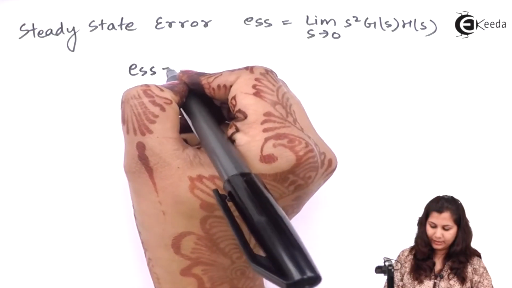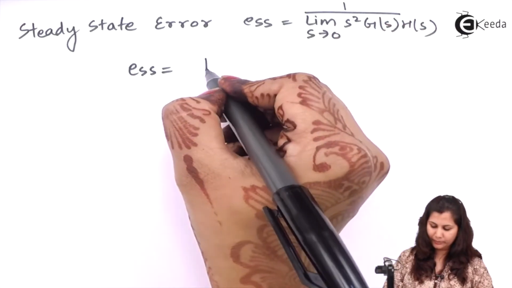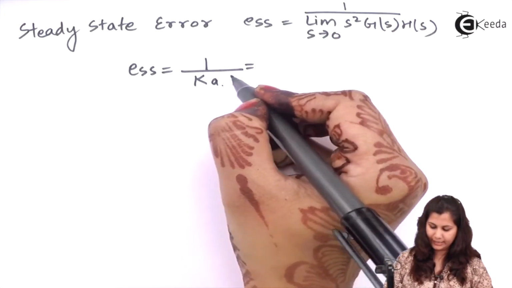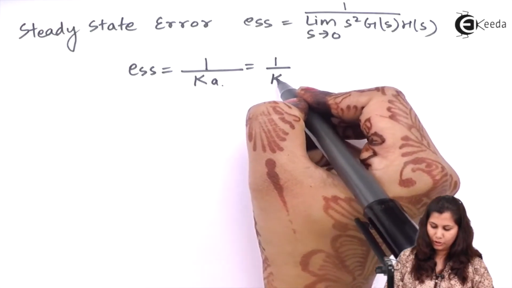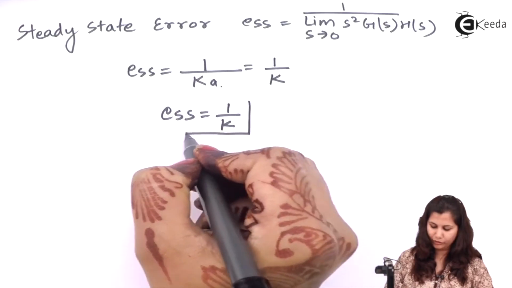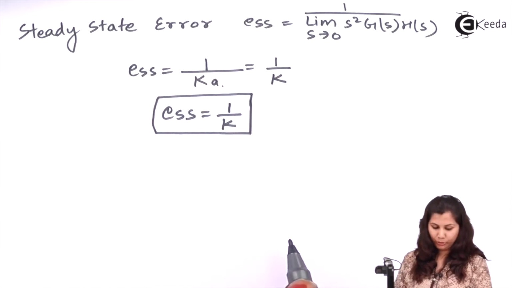That means it is equal to 1 upon Ka, and Ka is K here. So the steady state error will be equal to 1 by K for parabolic input and a type 2 system.